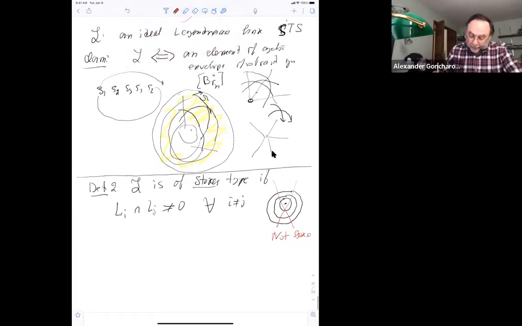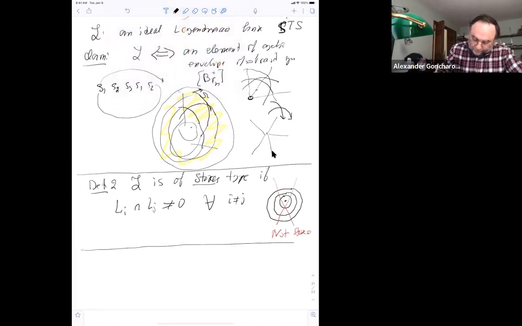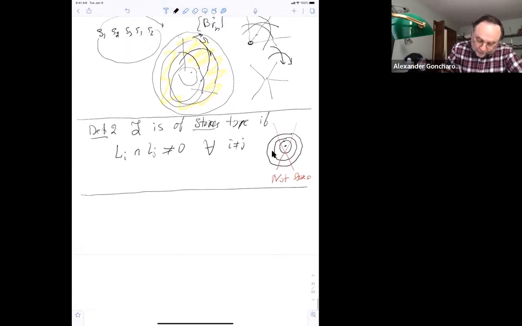Okay, now what is the local Stokes data? That's definition 3. Local Stokes data is the following thing.